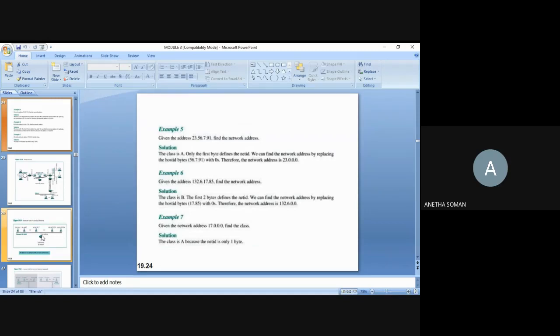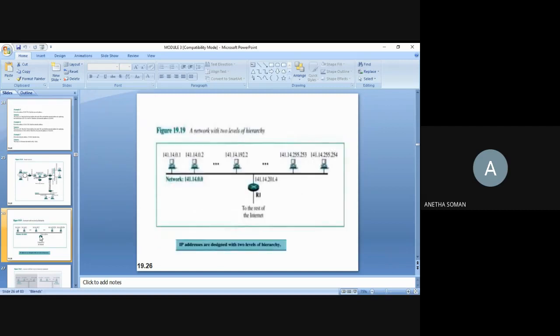And after that, you have to reach the host using the host ID. Understand? I have told you the IP address has a level of hierarchy. That is called two-level hierarchy. So if I want to deliver a packet to a particular host, then I have to reach the network first and then the host. And that is done with the help of the network ID as well as the host ID.